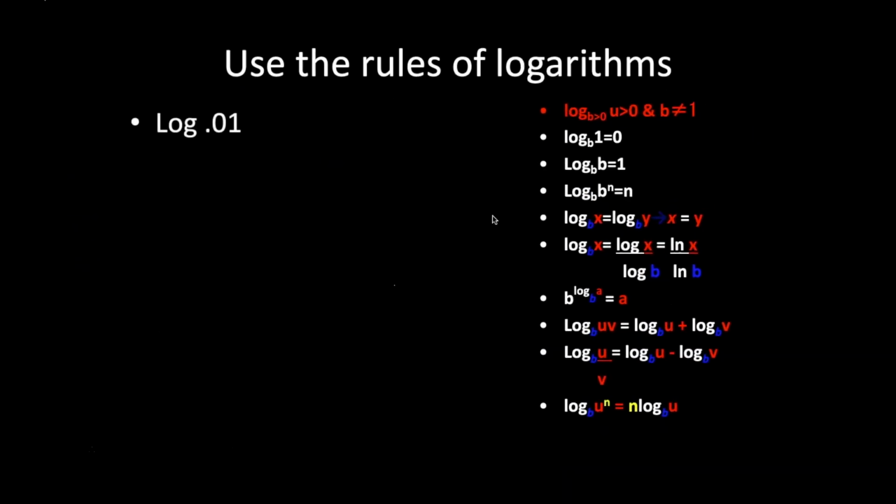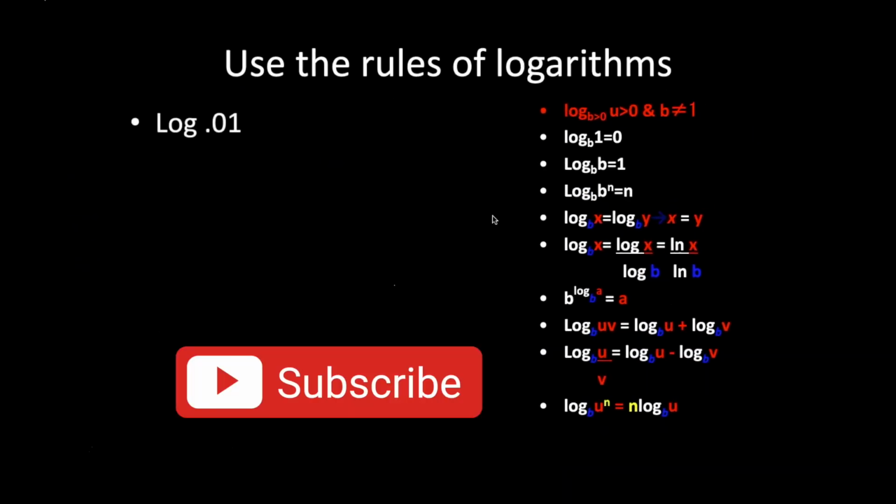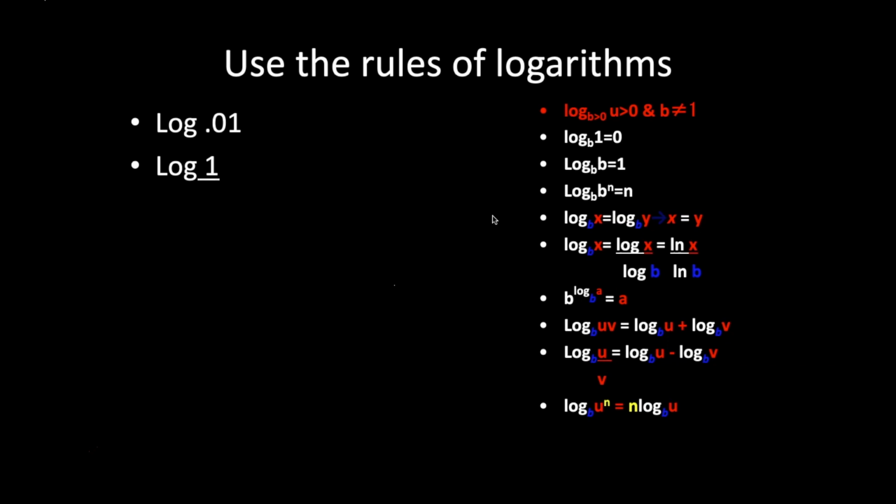Let's try another one. Log, what's the base there? Doesn't say, does it? It is, therefore, base 10. So I'm going to write 0.01 as 1 over 100, or 10 squared. So what does that mean?